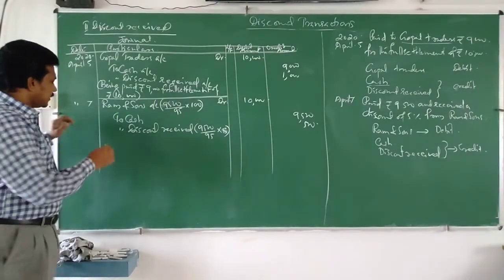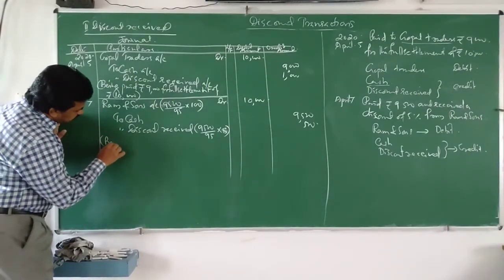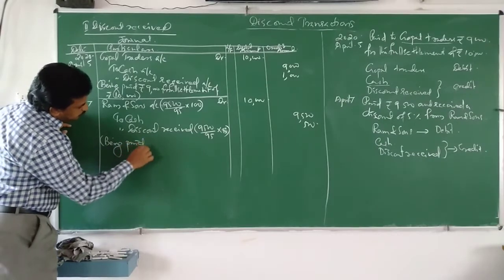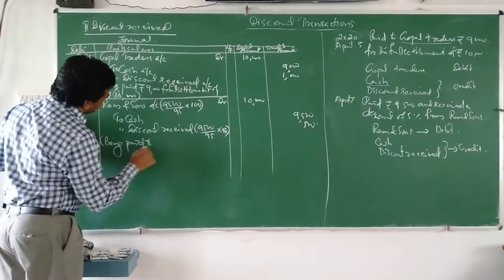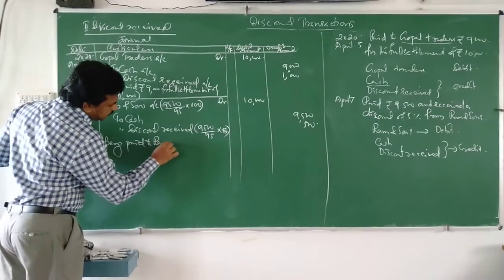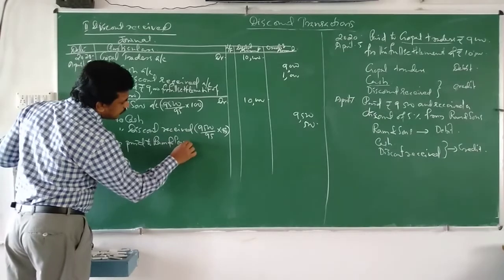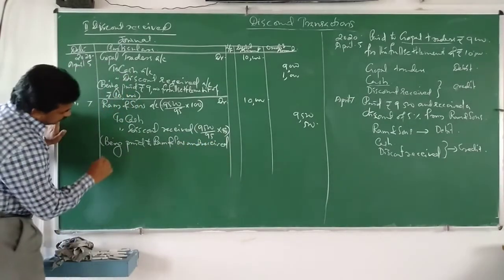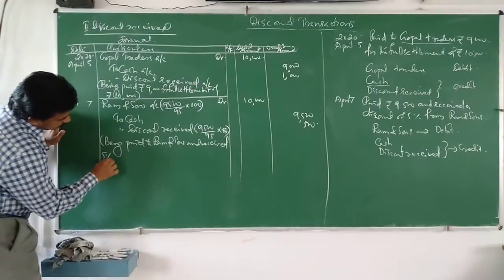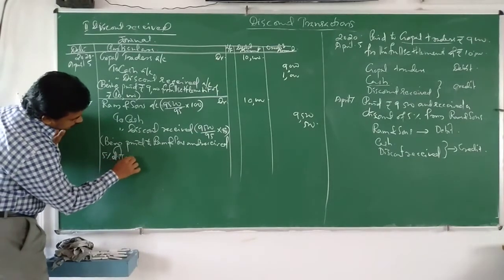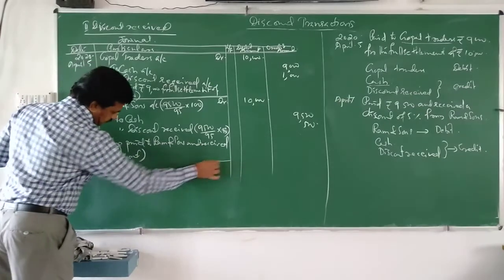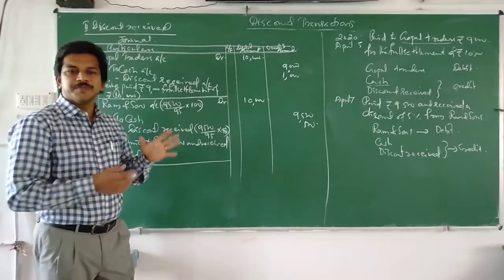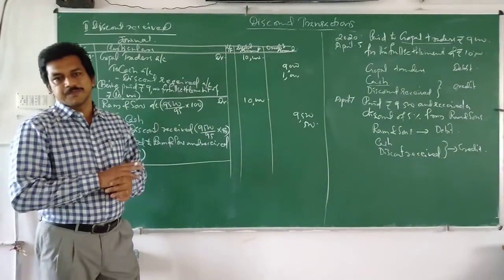And the narration will be: paid to Ram and Sons and received 5% discount. That's all, so that's all regarding discount transactions.